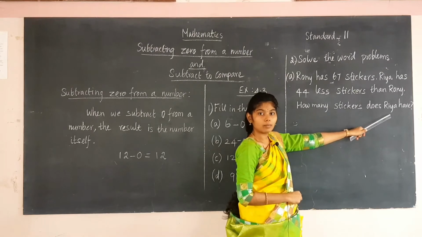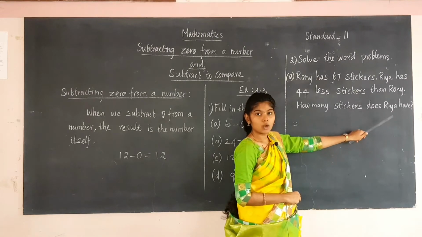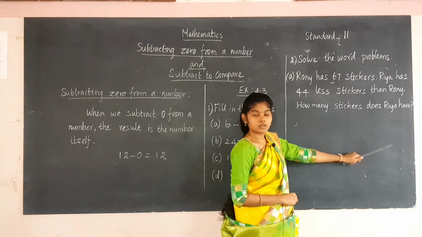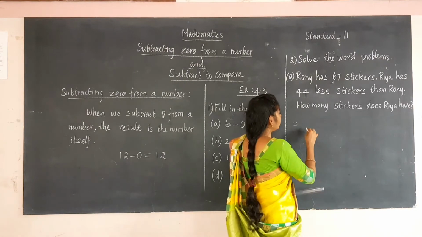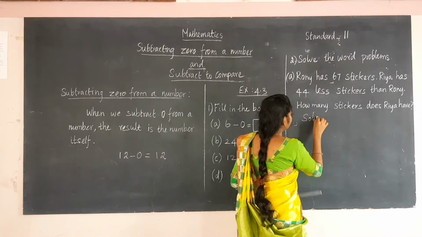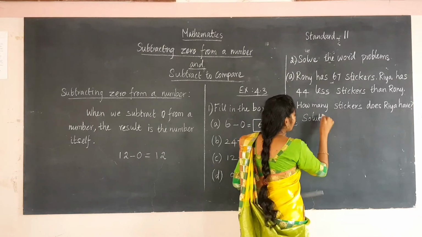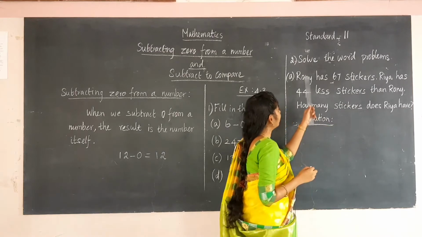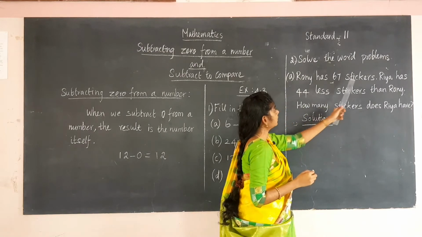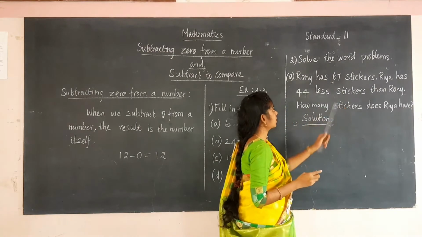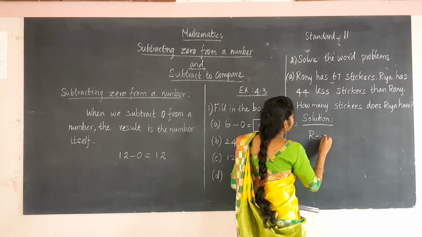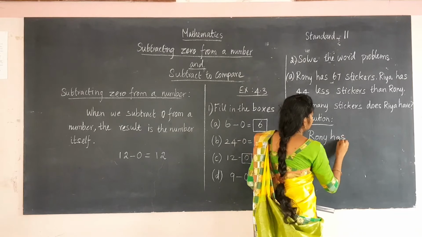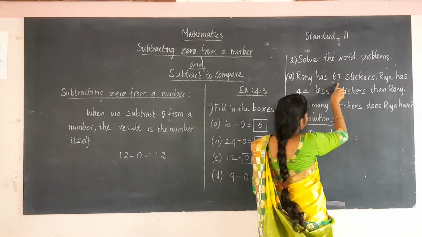So how will you subtract? We have seen in the last class with regrouping and without regrouping. That same thing we are going to apply here. First, we have to write the solution part. First we have to write the number of stickers Ronnie has. Ronnie has how many stickers? 67.